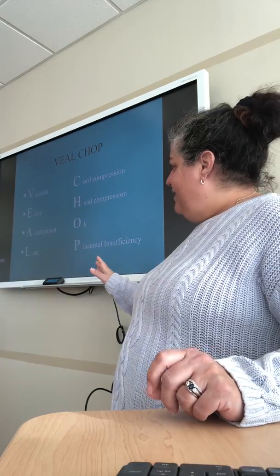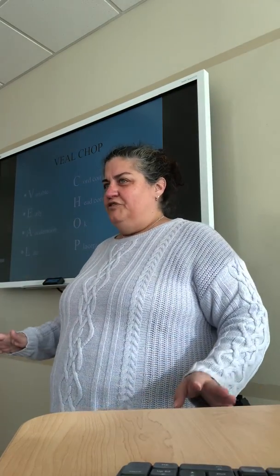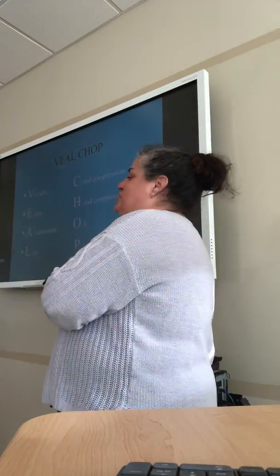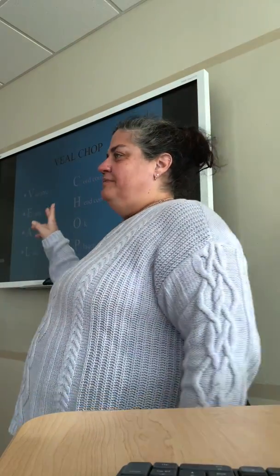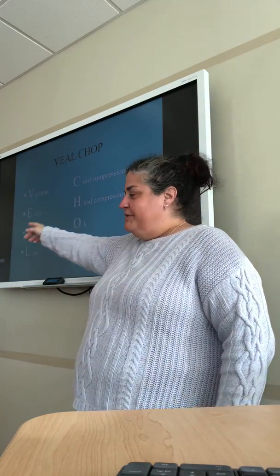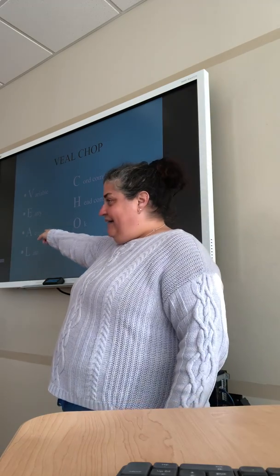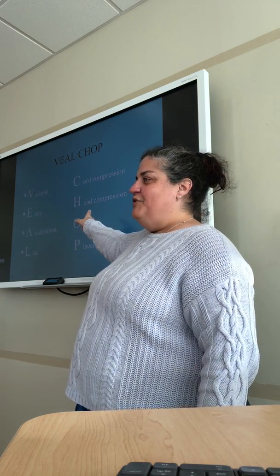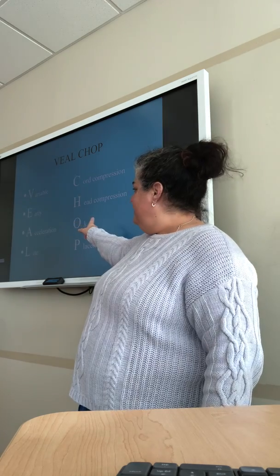Veal chop. All right? And hopefully this doesn't ruin veal chop for you, although I don't eat veal anyways. Veal chop. V means variable. You match that up with the C of cord compression. Early is head compression. That's not in there, probably, if you have an old PowerPoint; this is new.